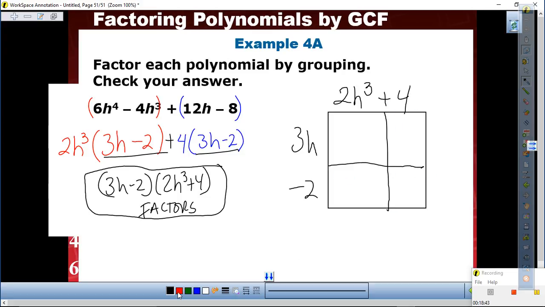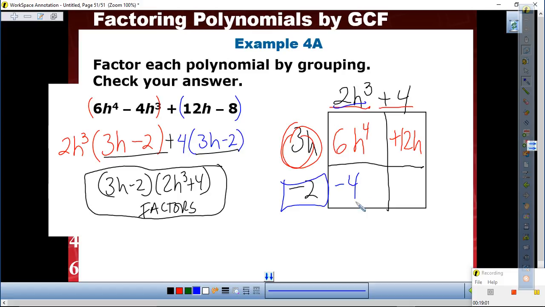So let's see. 3h times 2h cubed, that's 6h to the 4th. 3h times 4, that's positive 12h. Negative 2 times 2h cubed, that's negative 4h cubed. Negative 2 times 4, that's negative 8.